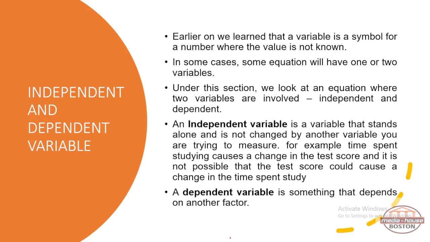When there are two variables, in most cases one variable depends on the other. So we end up having a dependent and an independent variable, where the dependent variable is the variable that will depend on other factors that have a positive or negative influence on it.